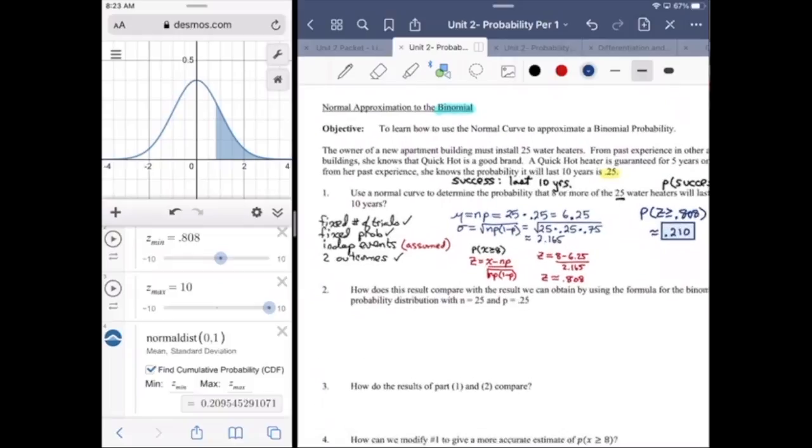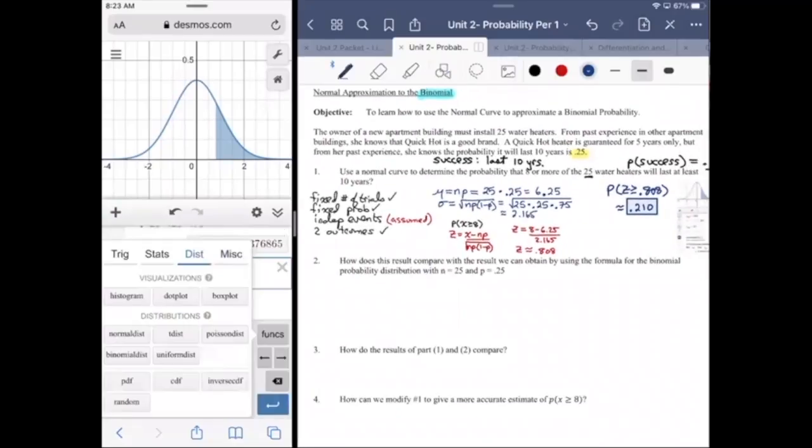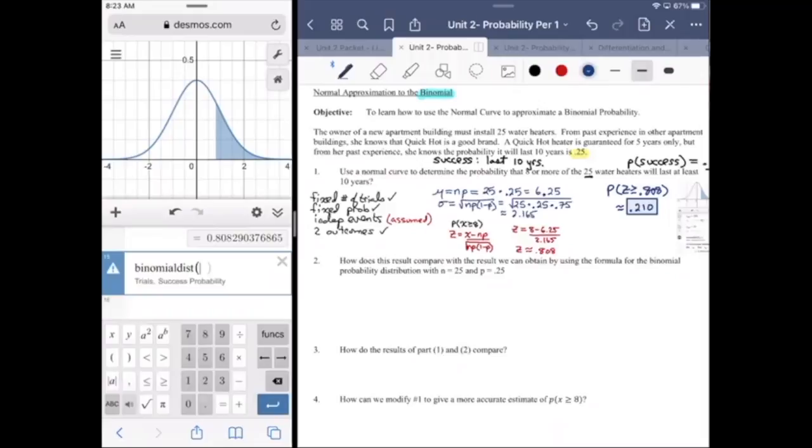Under function distributions, if you put in binomial distribution in Desmos, what we would be looking for again is the probability that x is greater than or equal to 8, which is the same as the probability that x is 8 plus the probability that x is 9 plus, all the way up to the probability that x is 25.